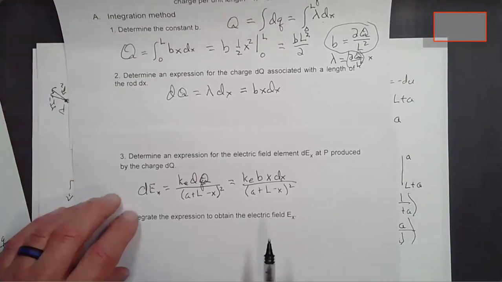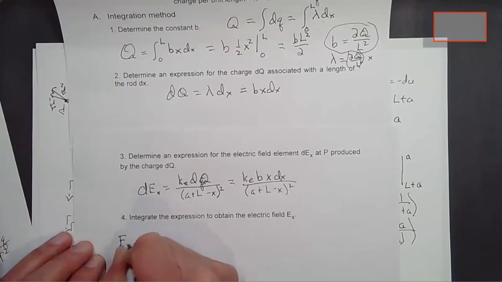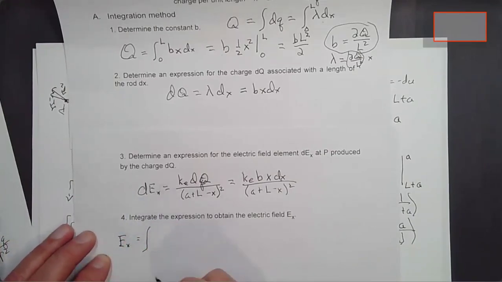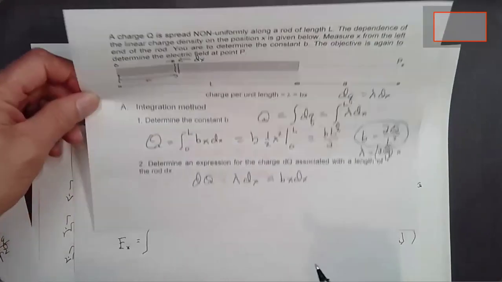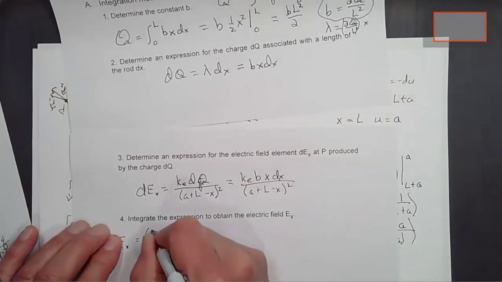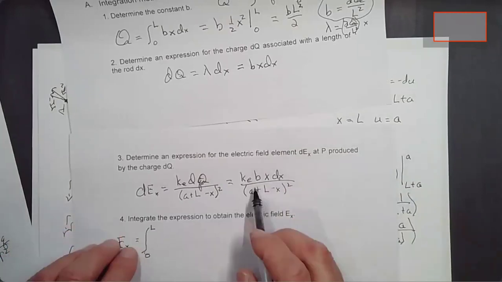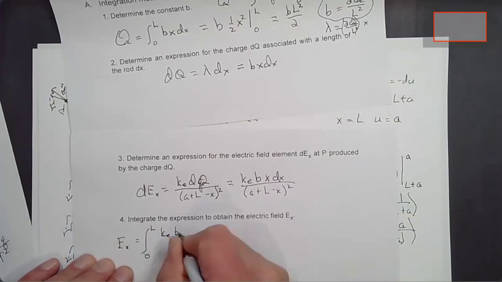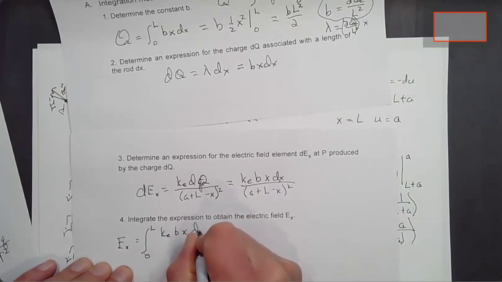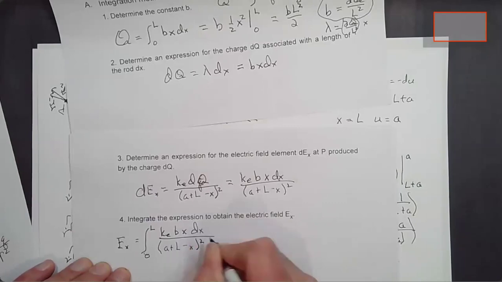Okay, I need to integrate this expression, and my total electric field will equal the integral as x goes from 0 to capital L of E sub x, which is k sub e b x dx divided by a plus L minus x quantity squared.